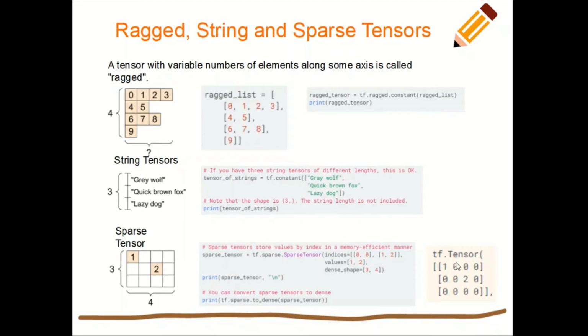Sparse means the remaining places, all these empty places, are going to be filled with zeros, and that is why it is called a sparse tensor. This is just for our information, because these kinds of tensors could be used in certain places, so we should be aware that these types of tensors also exist.